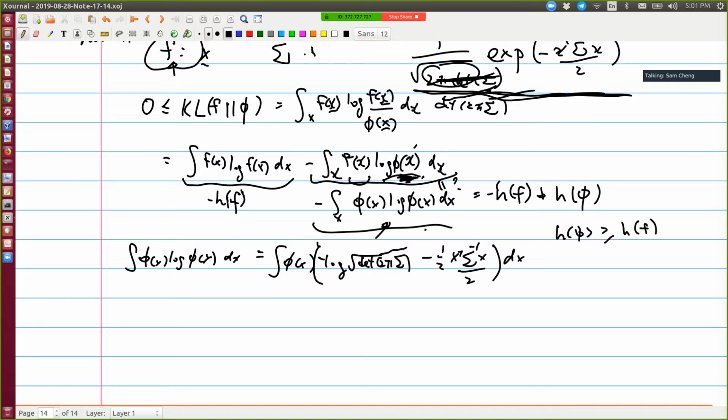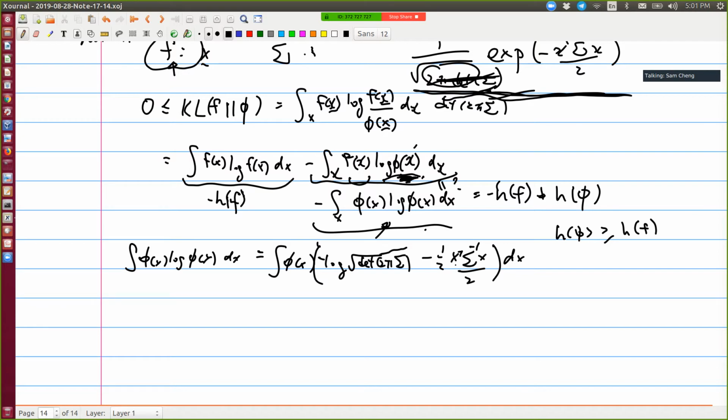Now let me expand this sum here. This is actually a sum, right?